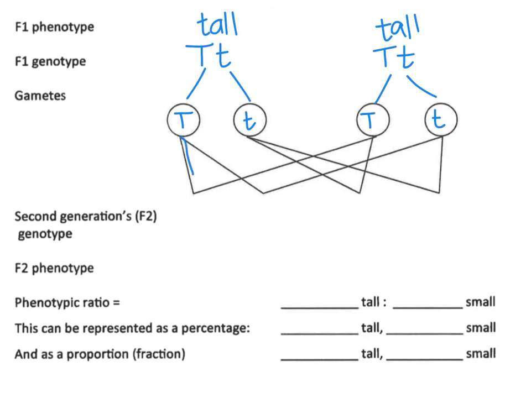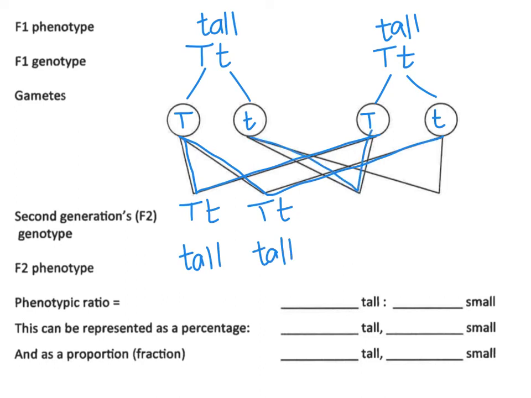So if we go down here and here, that's big T, little t, and that's going to be tall. Big T, little t, tall again. Little t, big T, tall, little t, little t, small.